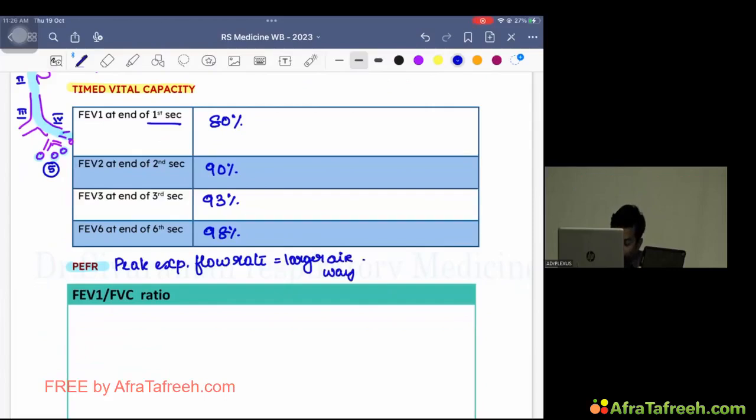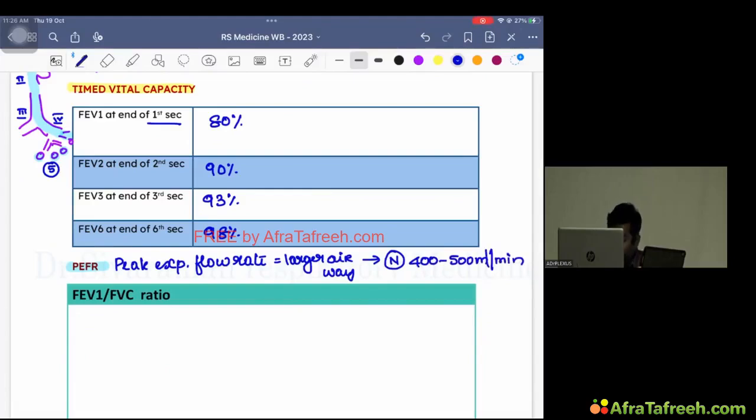The normal PEFR is going to be 400 to 500 ml per minute. Whenever the PEFR decreases, the peak expiratory flow rate is decreased, and it is seen in patients with asthma.